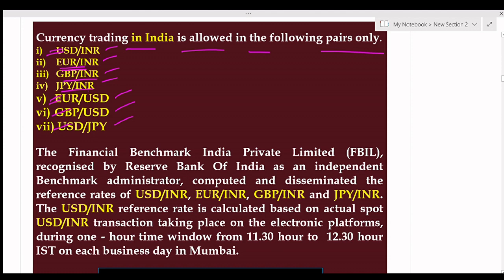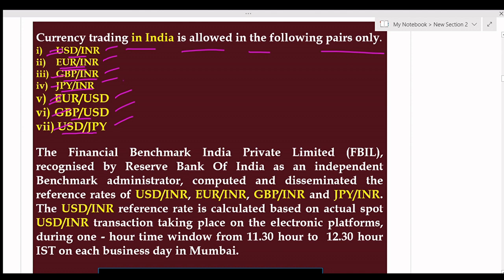If you want to find GBP/INR, you take 2 rates, USD/INR and GBP/USD, and multiply these 2 rates, you will get GBP/INR. And for JPY/INR, you divide USD/INR by USD/JPY, and in the process of division, USD is cancelled and JPY/INR remains.